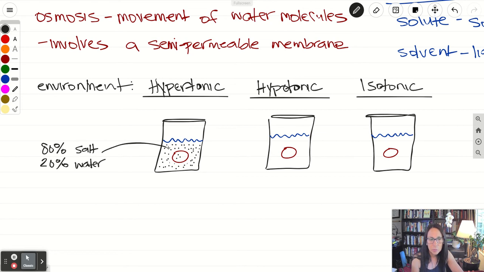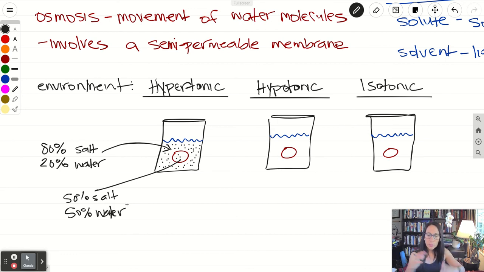Okay, that's for the solution. In the cell, however, we're going to say there is, let's say 50-50, 50% salt, 50% water. Okay, so when you look at this scenario, salt can't move in and out of the cell unless there's a channel, but there isn't one in this example. But water can move in and out of the cell.